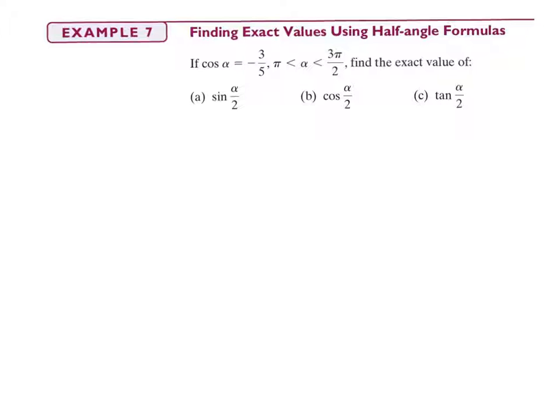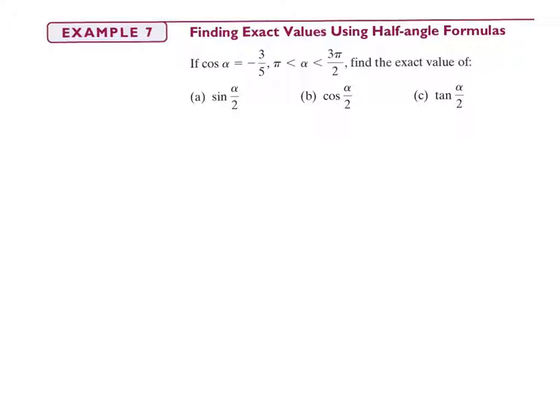Alright, cosine of alpha is negative 3/5 with our angle alpha being from pi to 3 pi over 2. Find the exact value of sine of alpha over 2, cosine of alpha over 2, and tangent of alpha over 2.